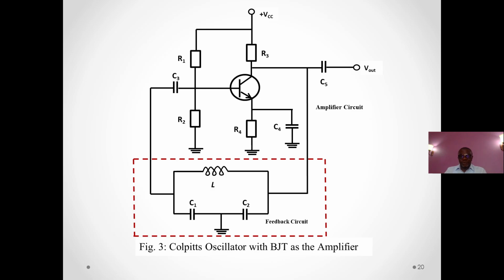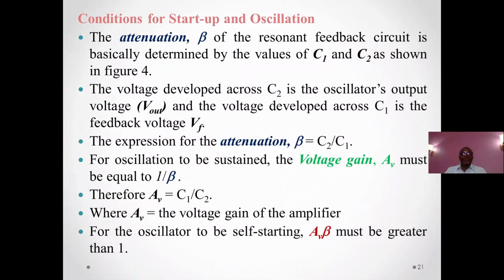So how does this work? For oscillation to start up, the attenuation beta of the resonance circuit, that's that circuit marked in red, is basically determined by the values of C1 and C2 as shown in that figure.